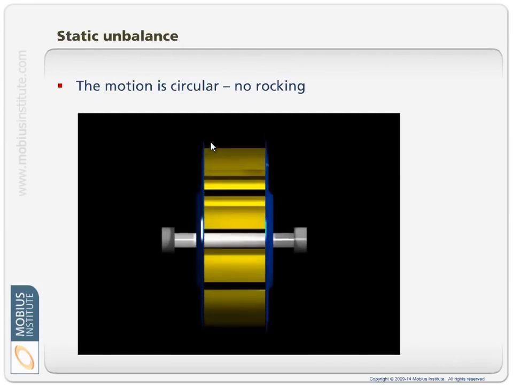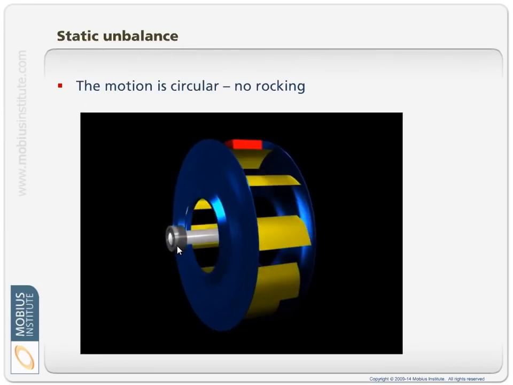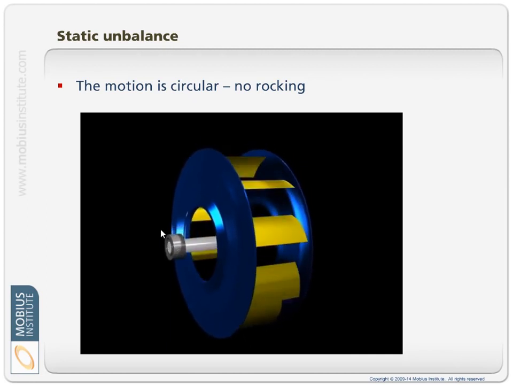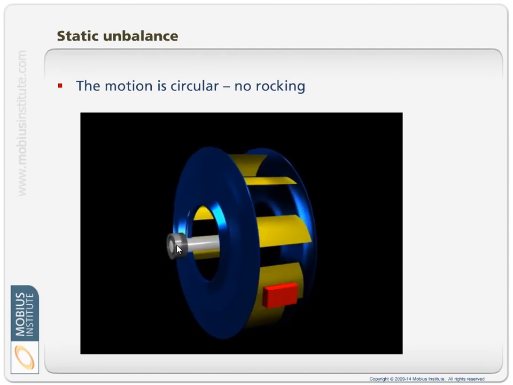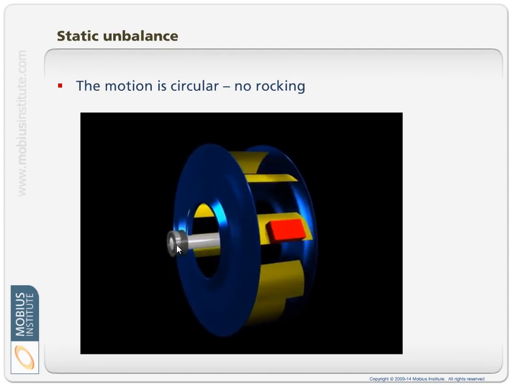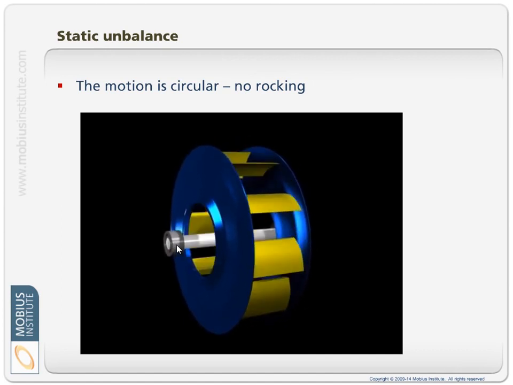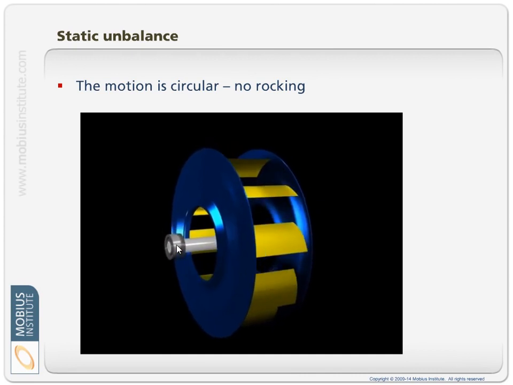They are in phase. Instead, if we look at it on a bit of an angle, if we traced out the orbit, or the motion that bearing is going through in the way I'm animating it here, that motion would be circular. It wants to move in a circular motion because of the centrifugal forces of that out of balance weight.